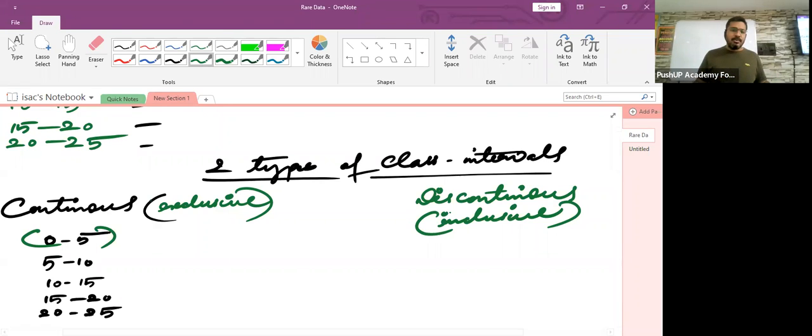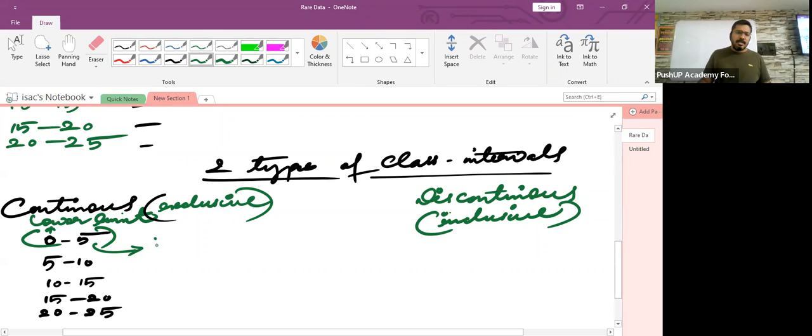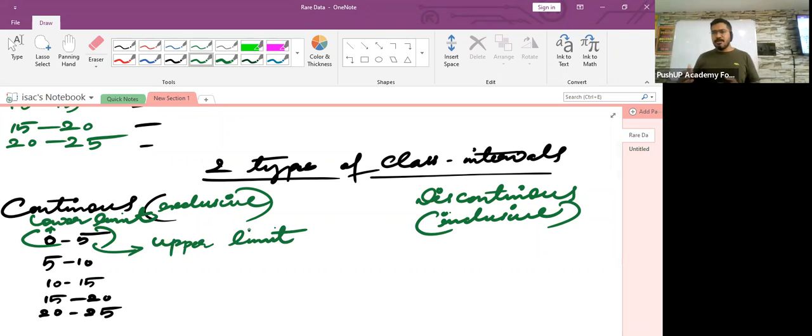The lower value is named as the lower limit. Can you please make a note of this? And the upper value is known as the upper limit. As simple as that, children. Nothing to mug up. You just need to remember the lower value is the lower limit and the upper value is the upper limit.